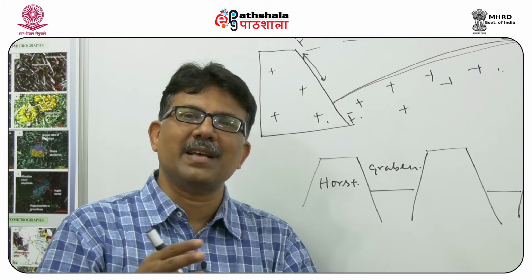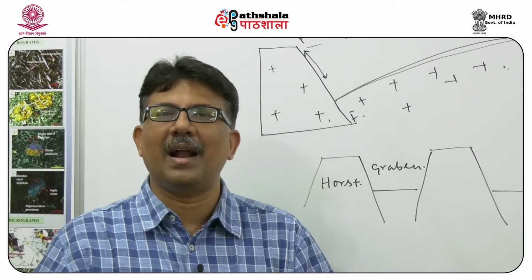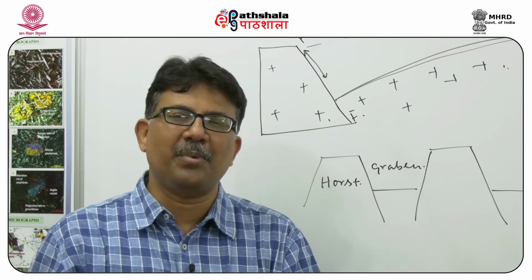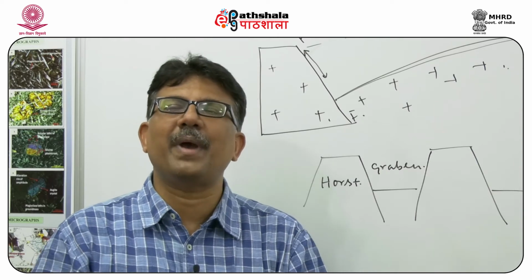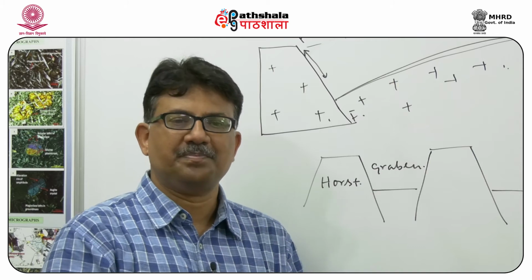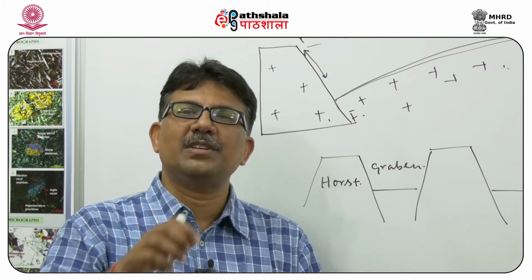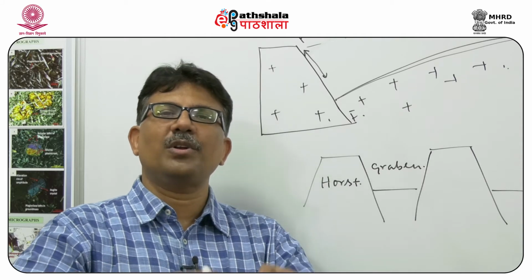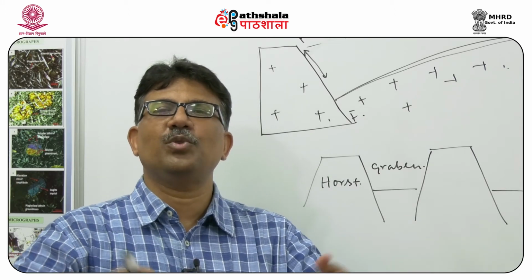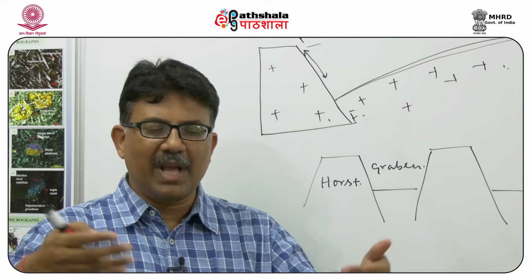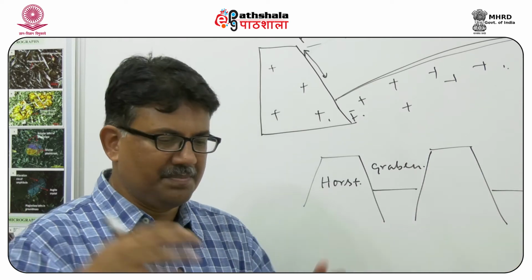That sagging is related to an earlier rift setting, a triple point junction, or any kind of plume activity that may be hidden below. So the sag basin will always show the depocenter in the middle and on all sides the sediment will be wedging out. So, that is the intracontinental sag basin.